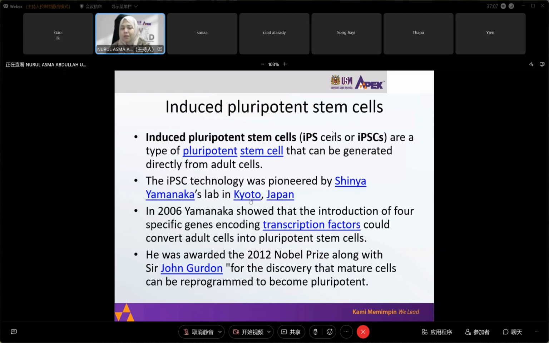This researcher, Professor Yamanaka, is still alive today, and he received the Nobel Prize in 2012 together with Sir John Gurdon for the discovery that mature cells can be reprogrammed to become pluripotent. Sir John Gurdon is the inventor of the cloning method, the somatic cell nuclear transfer method. So they share the Nobel Prize together.